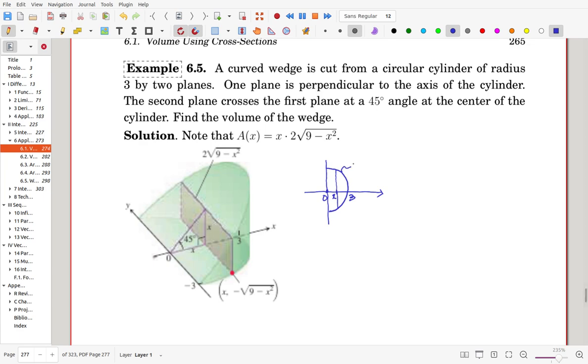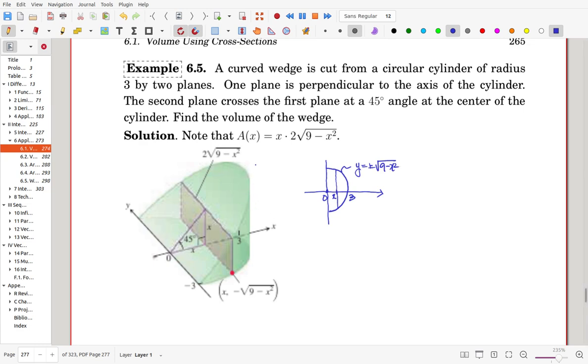But this is a circle of radius 3, so y equals plus or minus the square root of 9 minus x squared. For each x, the top one is plus the square root of 9 minus x squared. The bottom one is minus the square root of 9 minus x squared. So that length will be twice the square root of 9 minus x squared.